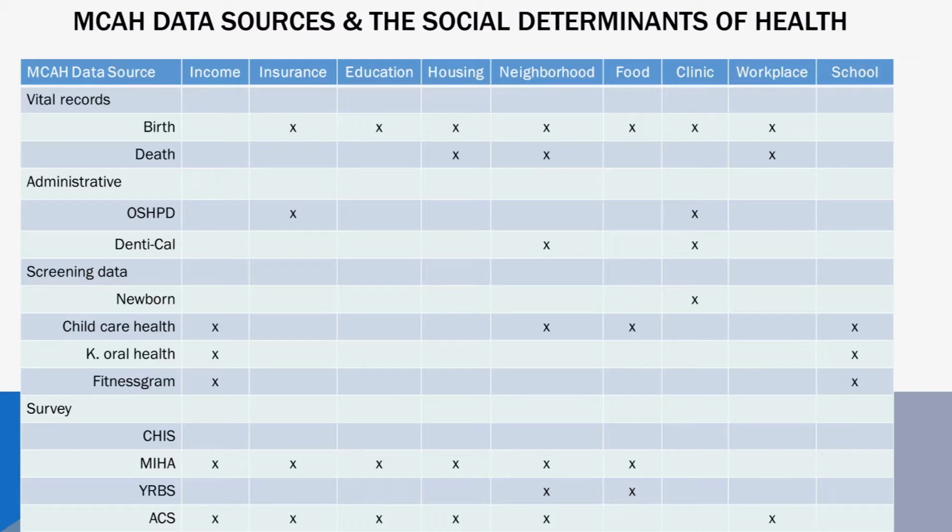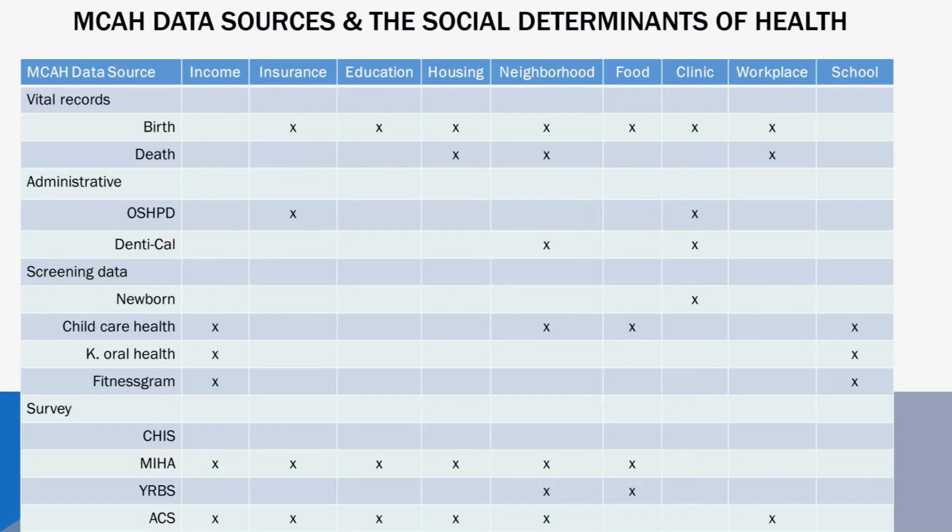But we do have some X's on the table, so there is something we can do already with the data that we all have. And the sources I have listed here, all the counties, at least California counties, have access to these sources of data. These are just general buckets of social determinants of health, and the types of information available are limited.